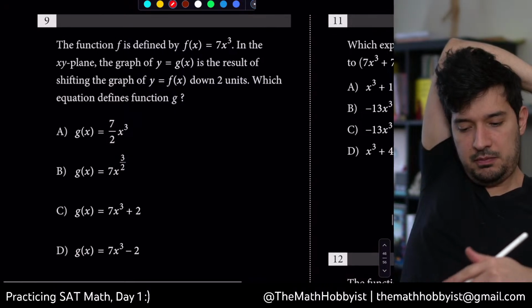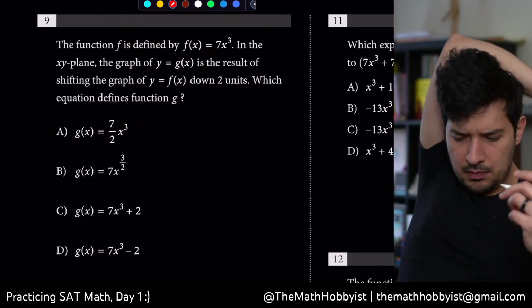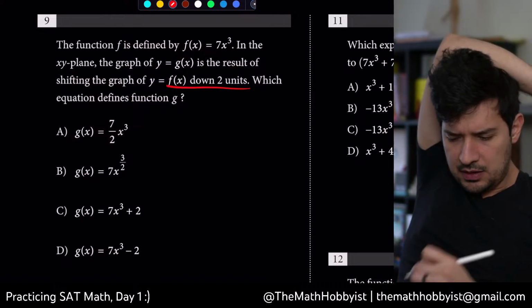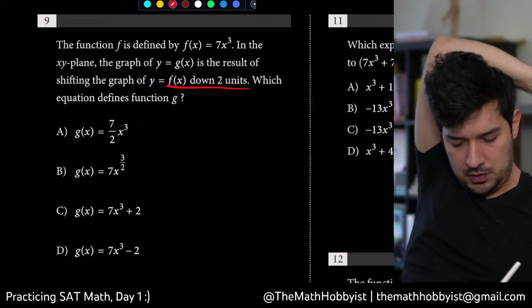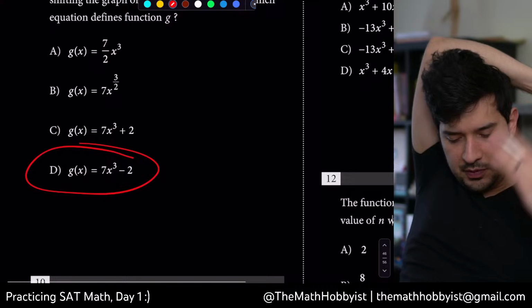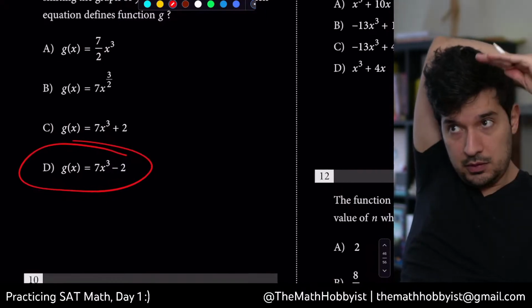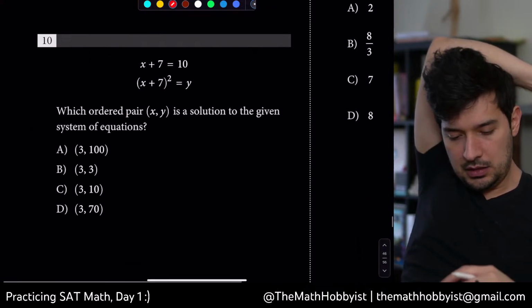Function f, graph, result of shifting that down 2 units. Okay, so g shifts f down 2 units, so it's going to be 7x cubed minus 2. Every y point is reduced by 2. That's how you can think of that minus 2 at the end.